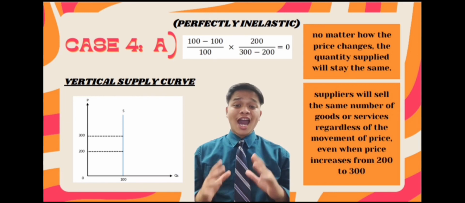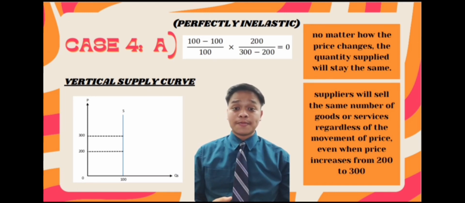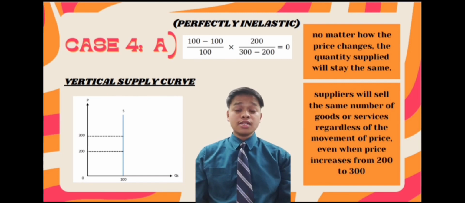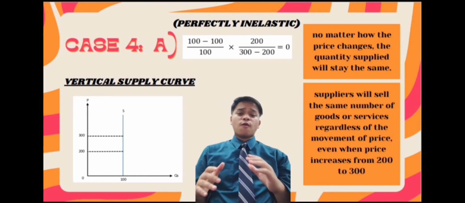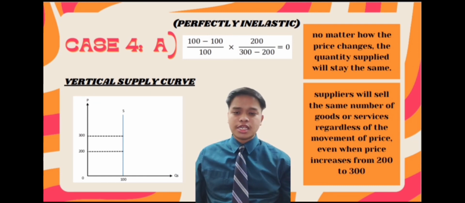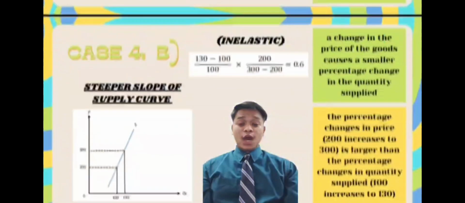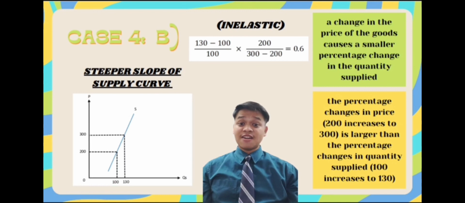No matter how the price changes, the quantity supplied will stay the same. Suppliers will sell the same number of goods or services regardless of the movement of price, even when price increases from 200 to 300.